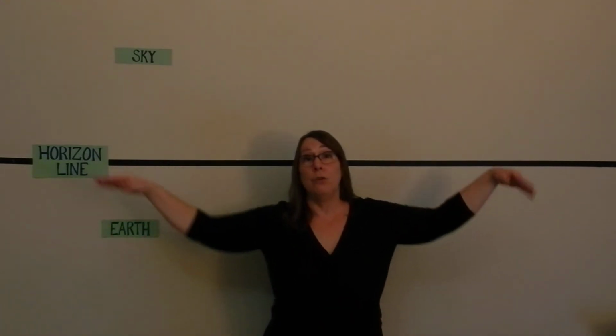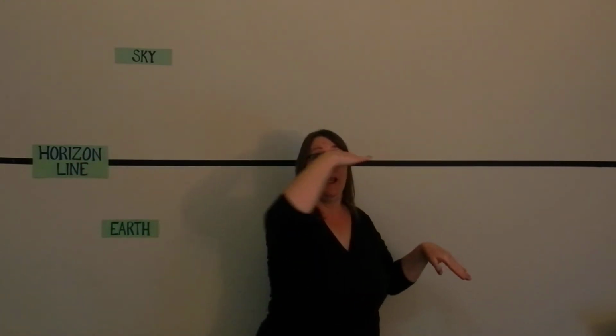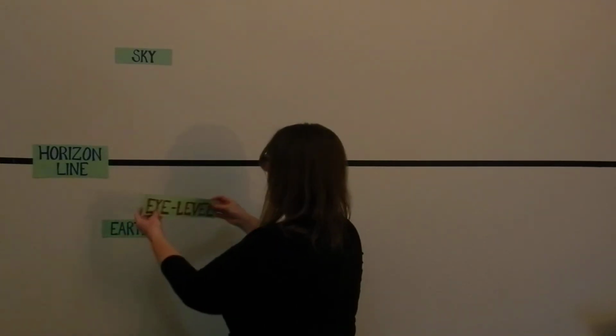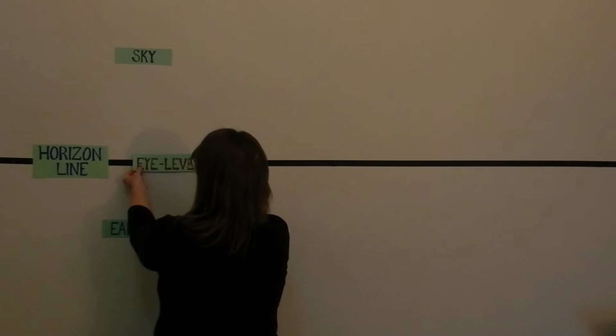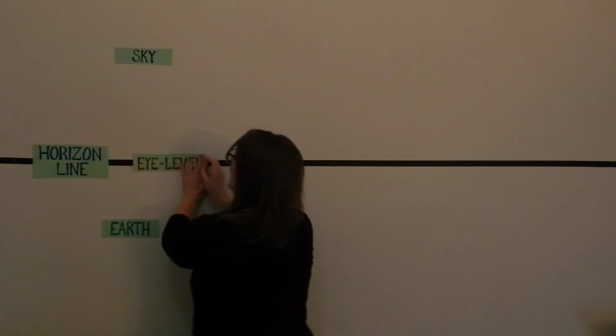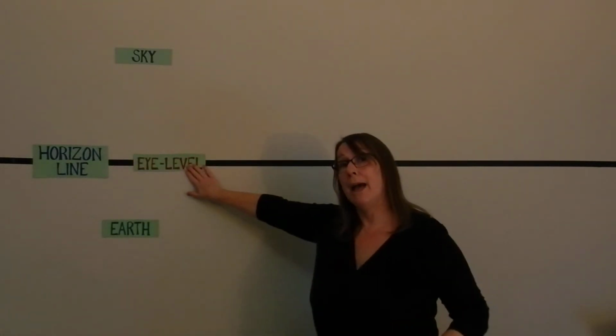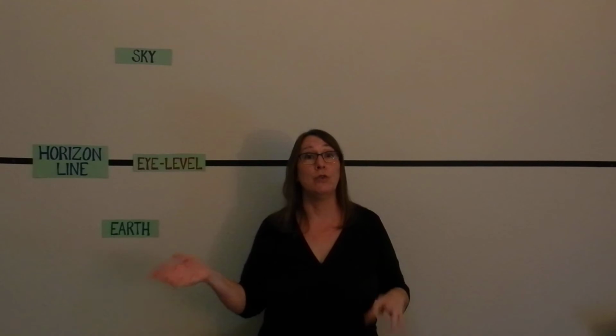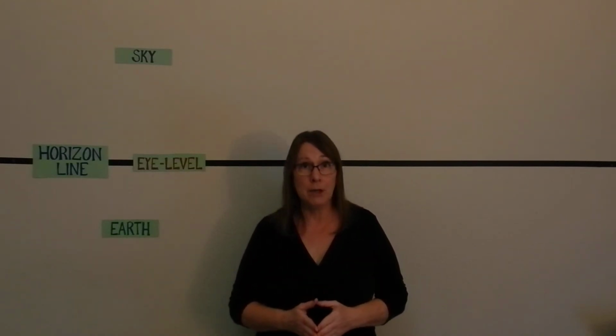You will notice also that the horizon line is at my eye level. Often the horizon line is called eye level, and we're going to understand why that is in just a little while, okay? So let's go ahead and move on from these vocabulary words to what can and cannot be drawn using one-point perspective.